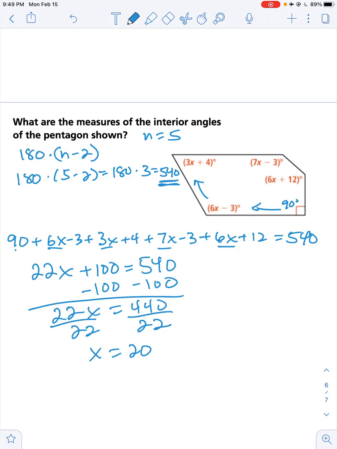I'm going to have 6 times 20, that's 120, minus 3, that's 117. 3x plus 4, that's 60 plus 4, that's 64. 7x minus 3, that's 7 times 20, that's 140, minus 3, that's 137, and 6x plus 12, that's 6 times 20 is 120, plus 12, that's 132. Okay, so there's all of my missing angles.